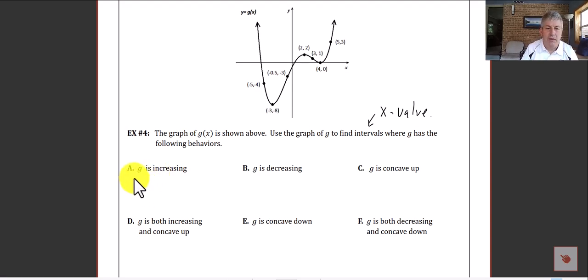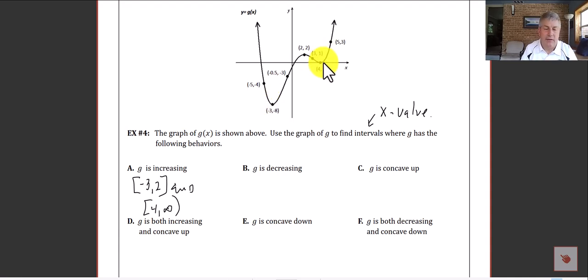G is increasing in the interval from -3 to 2, and it is increasing from 4 to infinity. And we can see that here, 4 to infinity and from -3 to 2. G is decreasing when x values go from -infinity to -3, to this inflection point at -3.